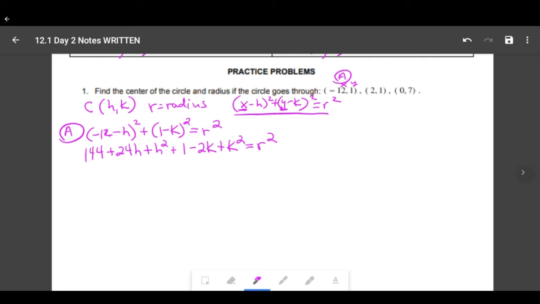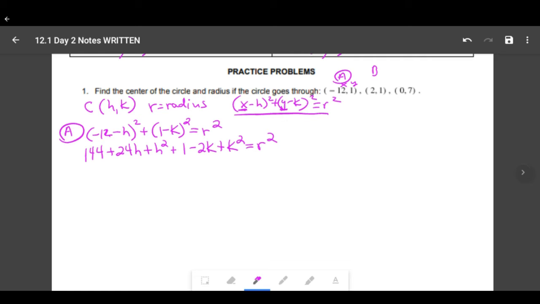All right, so there I took the point A and plugged it into the standard form of the equation of the circle with the x and the y, because I know that's the x and the y. That's not the h and the k, so be careful.